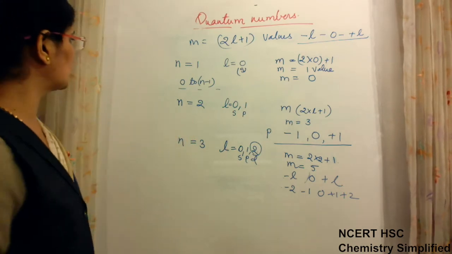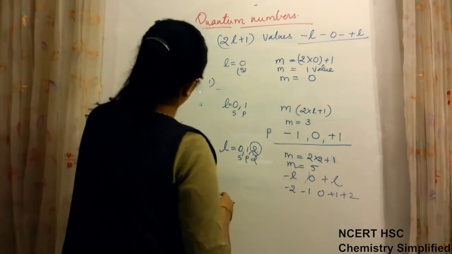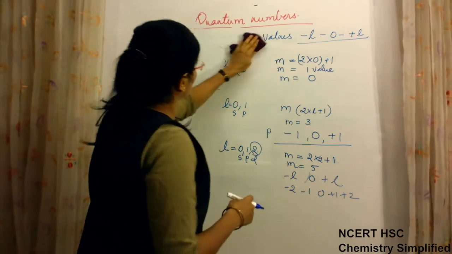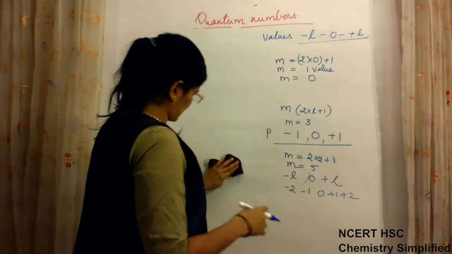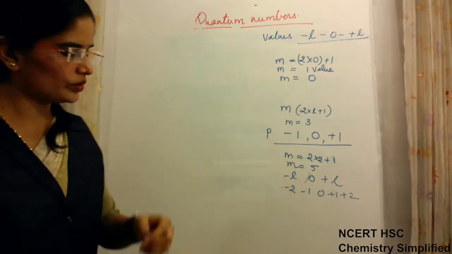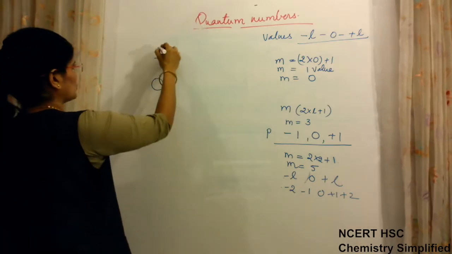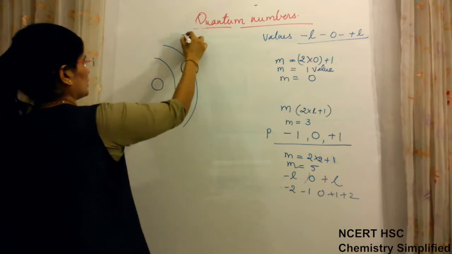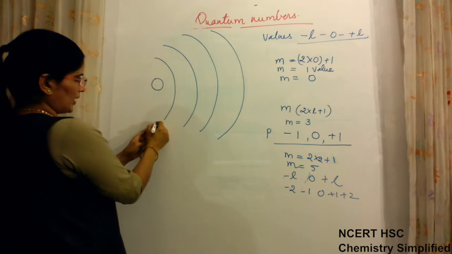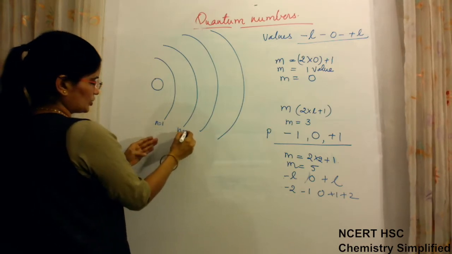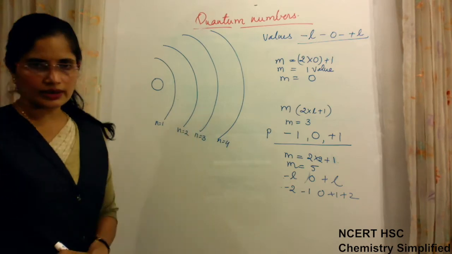Okay, now we come to the diagram part. The meaning of all this, simply, is that if this is a nucleus and this is number 1 shell, number 2 shell, number 3 shell, number 4 shell. That is, n is equal to 1, n is equal to 2, n is equal to 3, n is equal to 4. Clear?